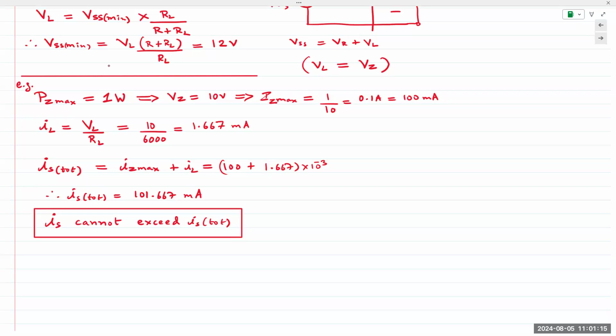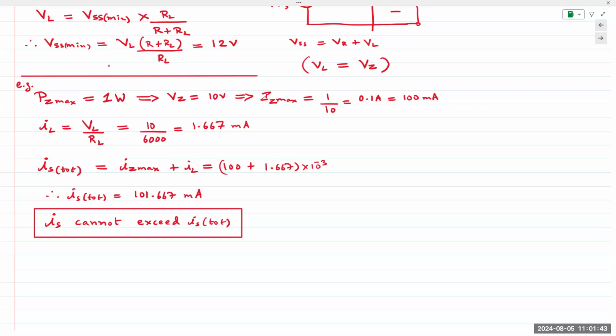So what is the value of the voltage that is dropped across it? Well, we can calculate that by finding VR and adding it to VZ. We determine the maximum current that can come from the supply.